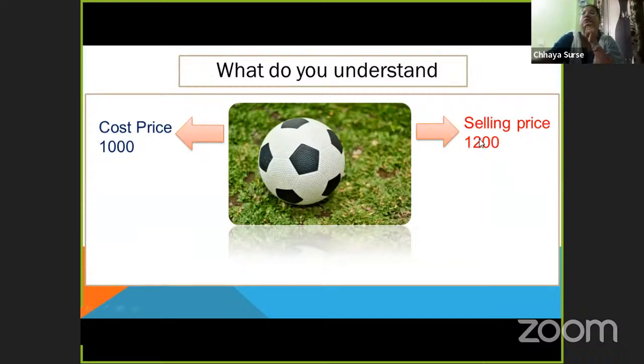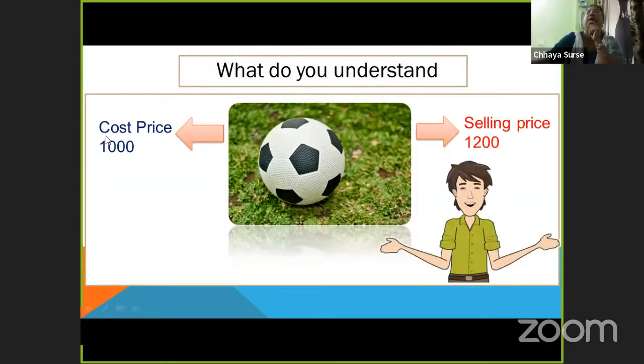The selling price is more than the cost price, because a 1,000 rupee thing is sold for 1,200. The purchasing cost is 1,000, but the selling cost is 1,200. So in this transaction, the selling price is greater than the cost price.